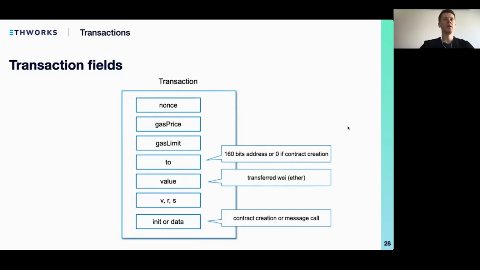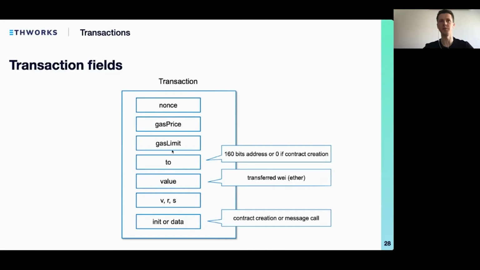So every transaction has a nonce, and in this case, this is the nonce of the account. So if it's the first transaction that I make, the nonce will be 0, or 1, I'm not completely sure, but it will be the first nonce. And then we have two fields that I'm going to talk about in just a minute.